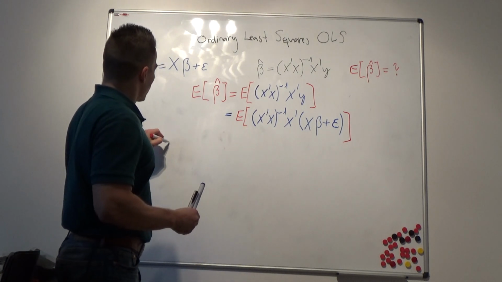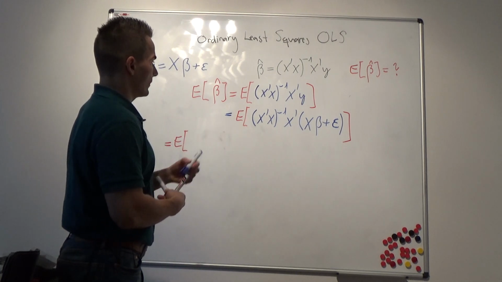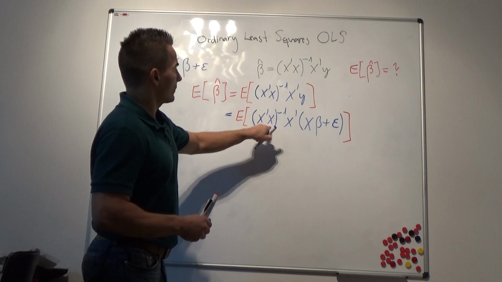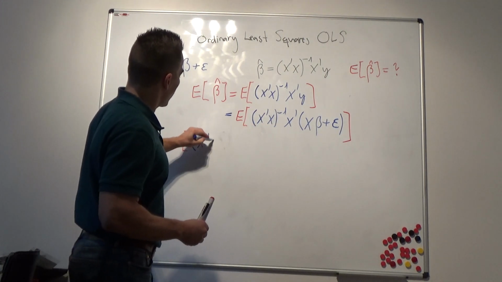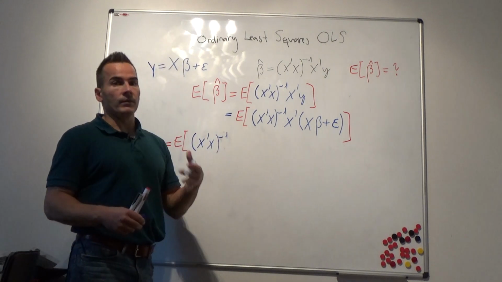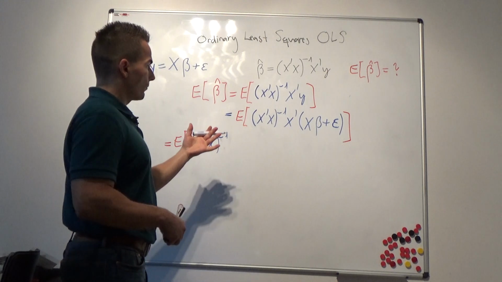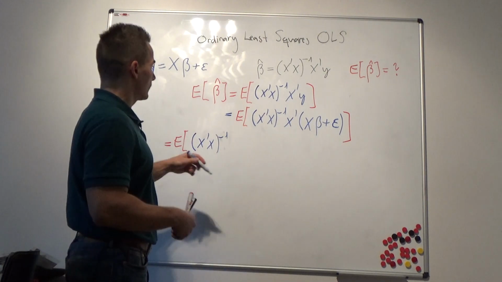So first we have obviously x prime x inverted times x prime x inverted, and prime and transposed is obviously a synonym. Whenever I say prime, I mean transposed, and whenever I say transposed, I mean x prime. It means the same thing.